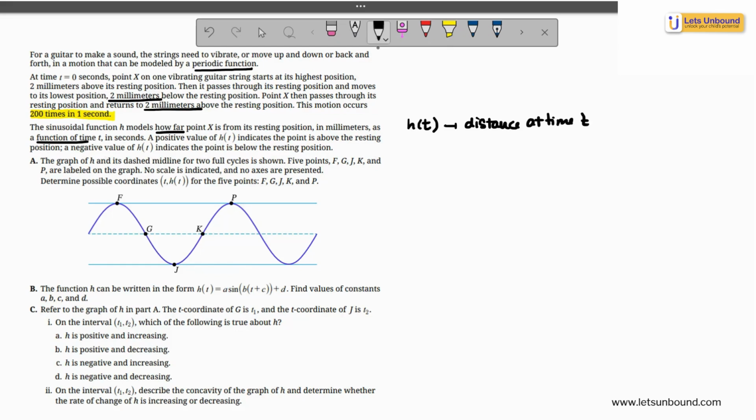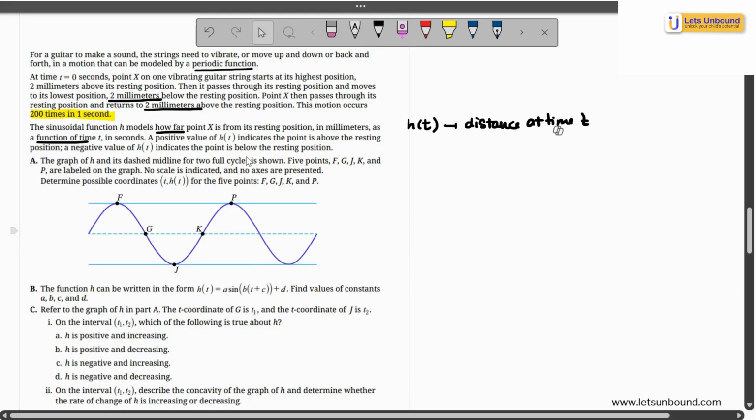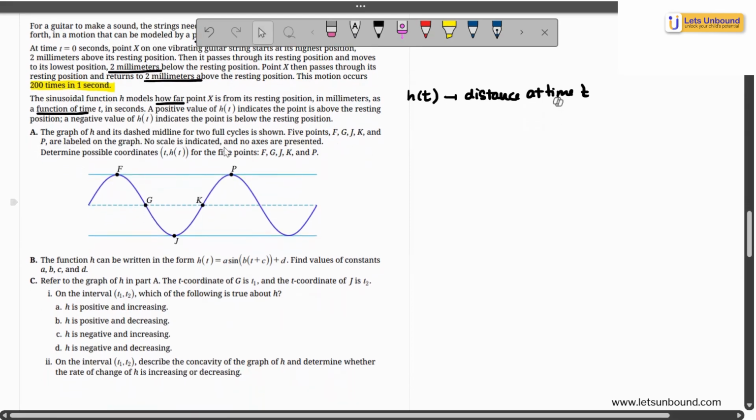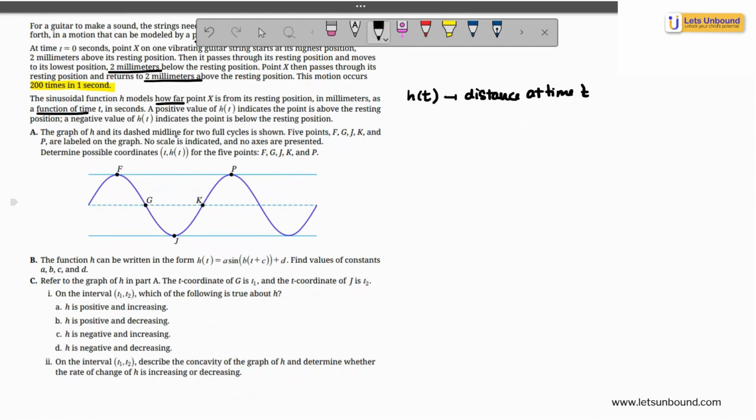Let's read whatever else the question says. It says a positive value of h(t) indicates that the position is above the resting position, and a negative value will be given when the point is below the resting position. Now the graph of h and its dashed middle line for 2 full cycles have been shown. Points F, G, J, K, and P are labeled on the graph.